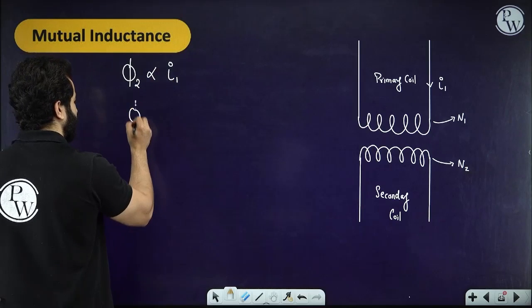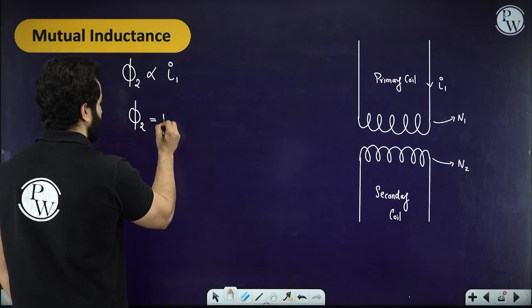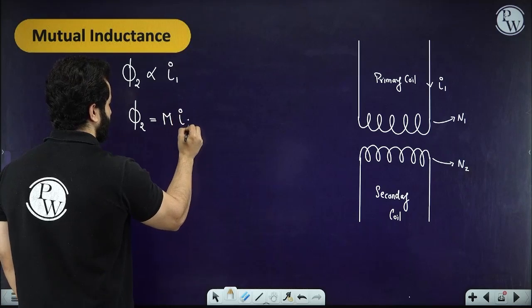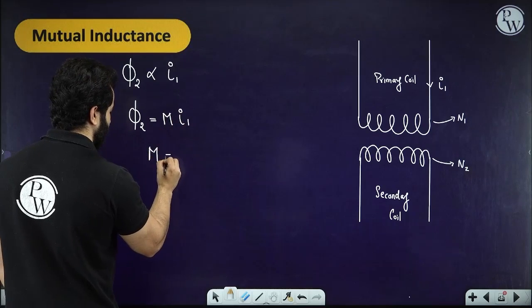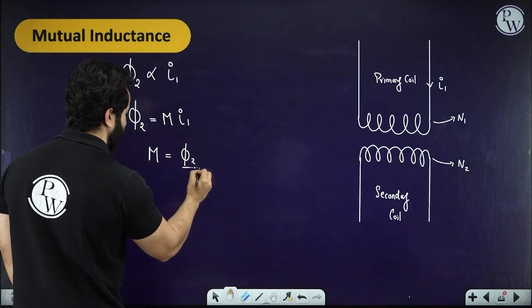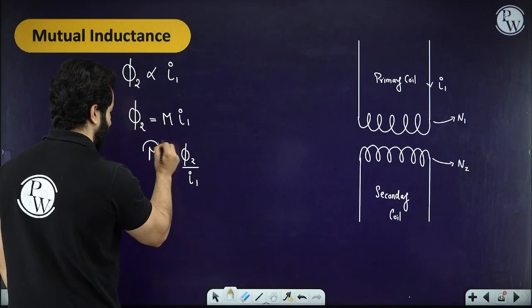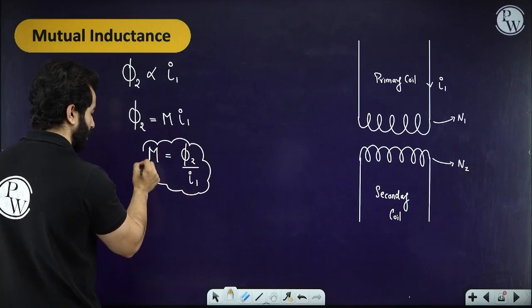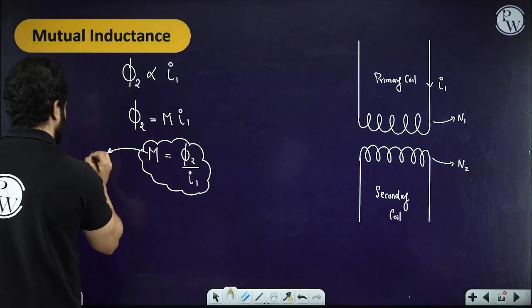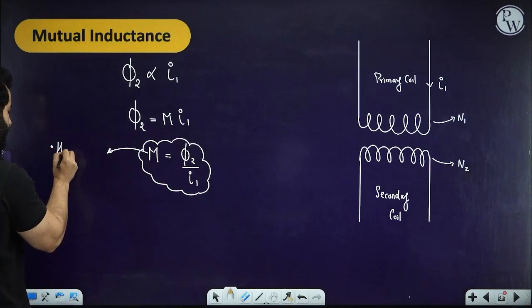The proportionality constant here is going to be called the mutual inductance. So M will be equal to phi 2 divided by I1, and M is the coefficient of mutual inductance. Again, same as before, the unit is going to be Henry.